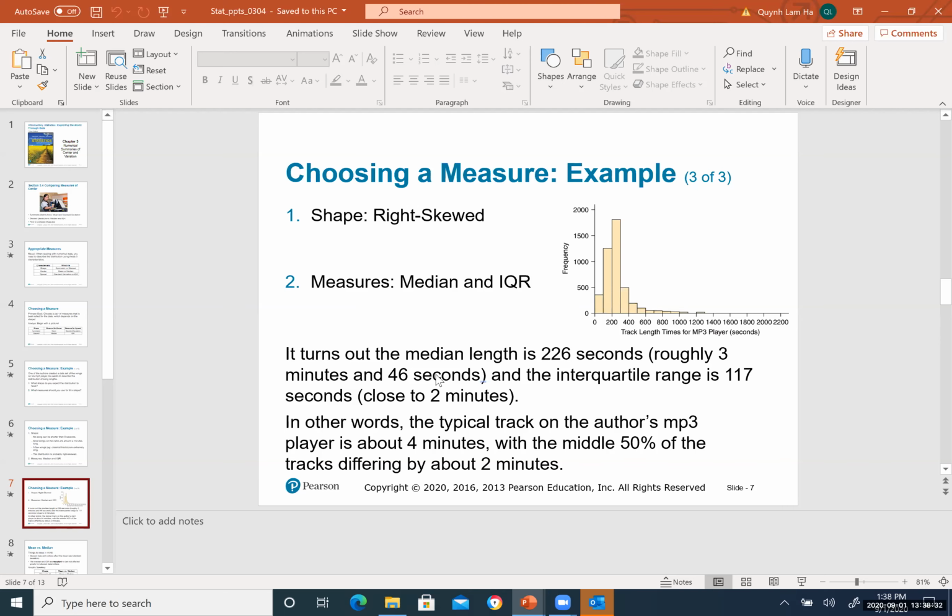When estimating like that, because you don't have the actual data, we can just estimate following this picture, and it looks like the median of the length is about 3 minutes and 46 seconds. The interquartile range is Q3 minus Q1.